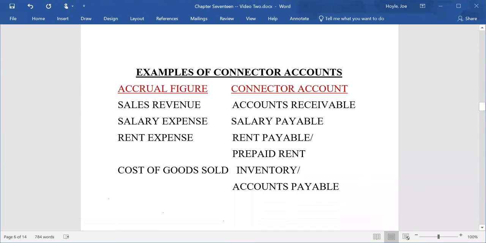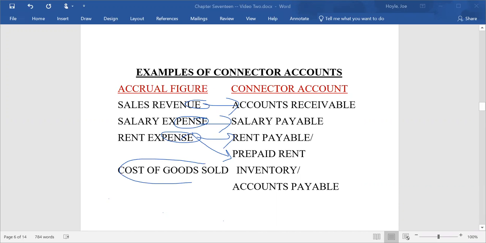I want to remind you of some of the main connector accounts that you will encounter. If you have sales revenue, the connector account is accounts receivable. If you have salary expense, the connector account is salary payable. If you have rent expense, the connector account is rent payable or possibly prepaid rent, depending upon whether you pay in advance or pay after the time period.